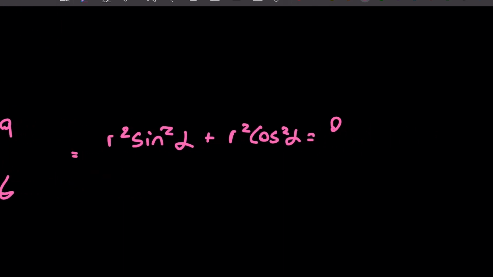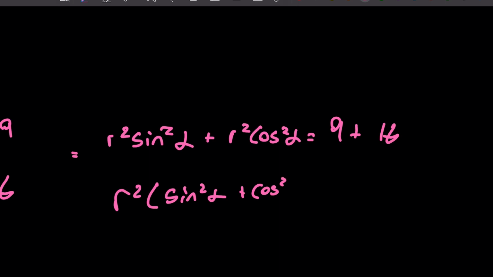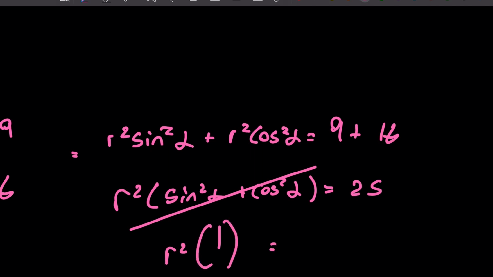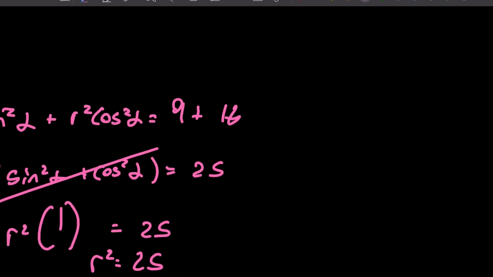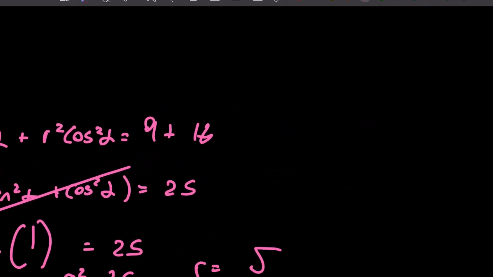We can factor out r squared, we get r squared times (sine squared alpha plus cos squared alpha) is equal to 25, and we know this is just equal to 1, so we get r squared times 1 is equal to 25. That means r squared equals 25, and that means that r is equal to root of 25, which means that r is equal to 5.